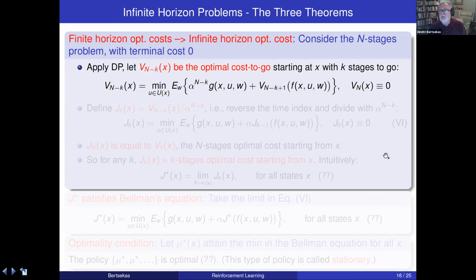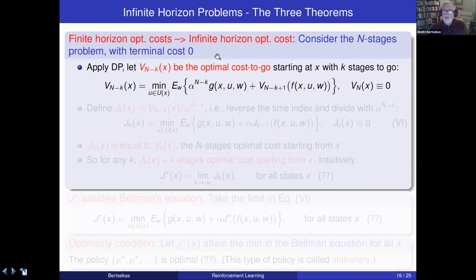And here are the three types of theorems. The first is that the finite horizon optimal costs converge to the infinite horizon optimal cost. Okay, the infinite horizon cost of a policy is the limit of the finite horizon cost of the policy. So is this true also for the optimal costs? Well, it makes sense, and this is the essence of this type of theorem.